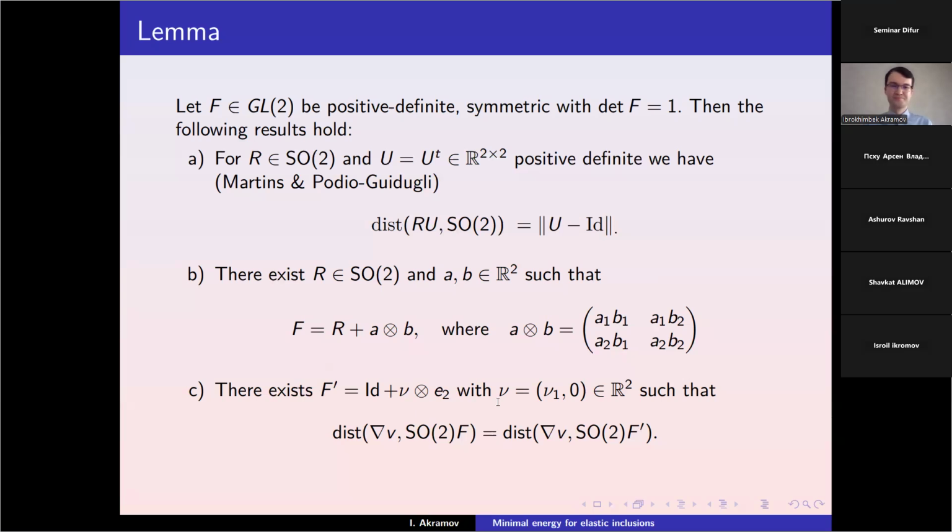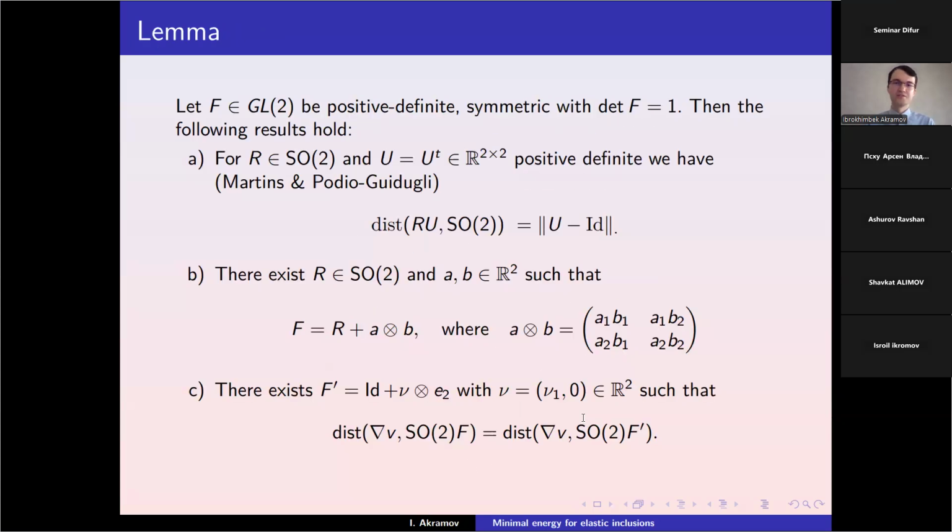Yeah, okay. C, there exists F equal to identity plus b with b1, 0 from R2 such that distance. Okay, some technical result. Please continue. Then the last one is we can replace F with F prime, but the distance will be the same.